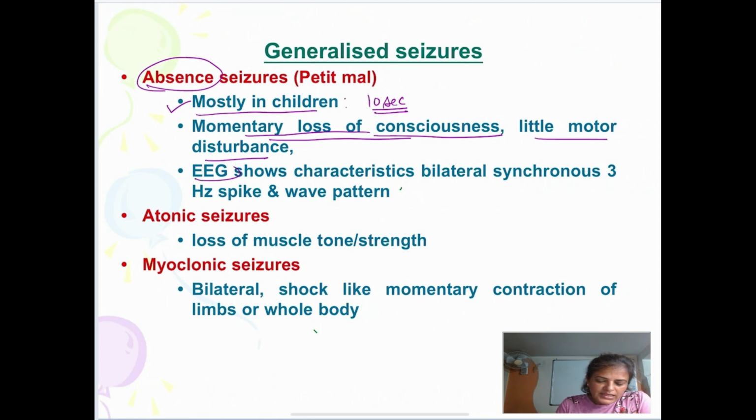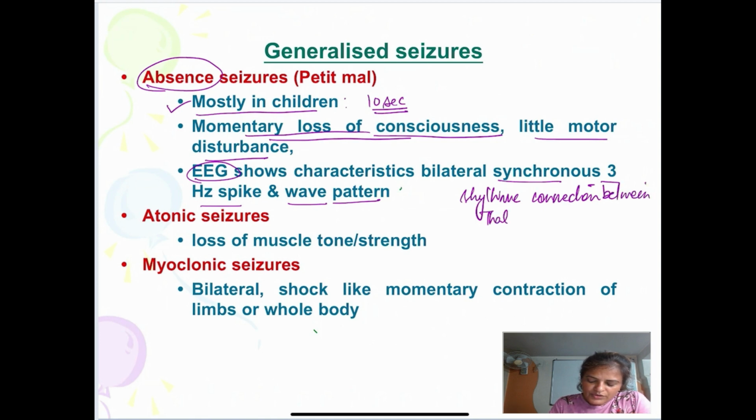And the EEG shows a characteristic synchronous 3 hertz spike and wave pattern, and this is because of a rhythmic connection between thalamic neurons, or you can say thalamocortical neurons, thalamus and cortex, and in the thalamus the prominent channel is the T-type calcium current.